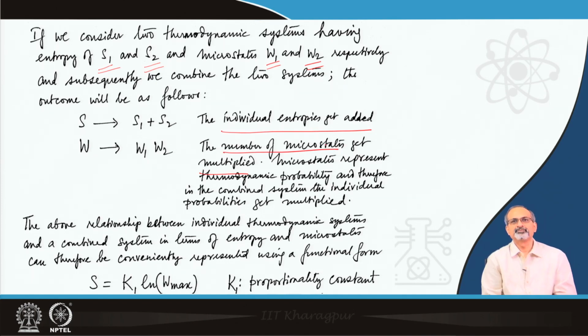Now, why is it so? It is because the microstates essentially represent thermodynamic probability based information, and therefore, in the combined system the individual probabilities would get multiplied.